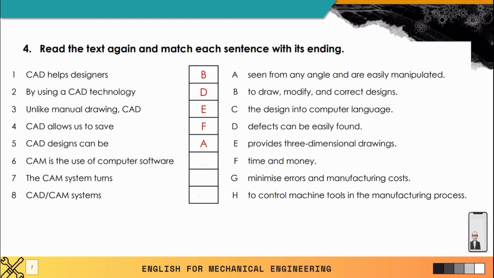CAM is the use of computer software to control machine tools in the manufacturing process. The CAM system turns the design into computer language. And CAD/CAM systems, surprise, surprise, last one, minimize errors and manufacturing costs. Okay, so here are our answers: first halves of the sentences with the correct endings.